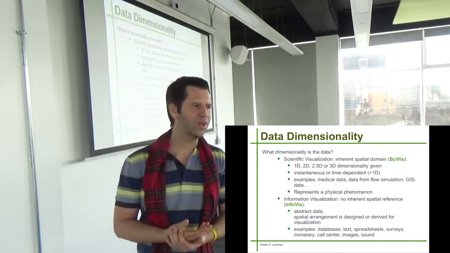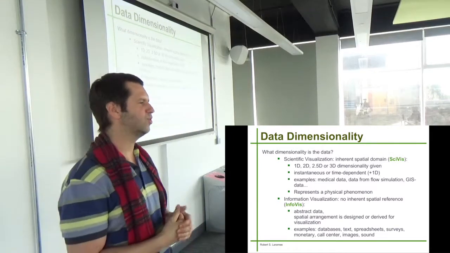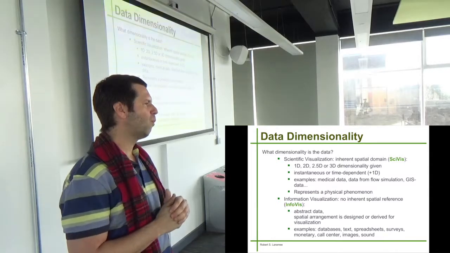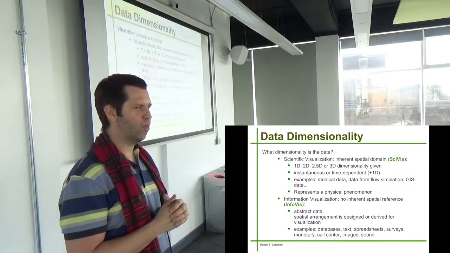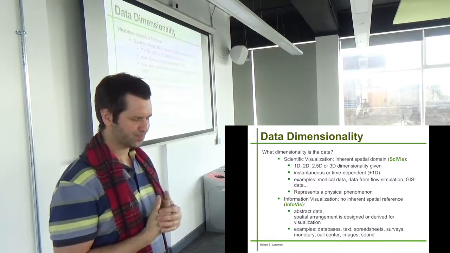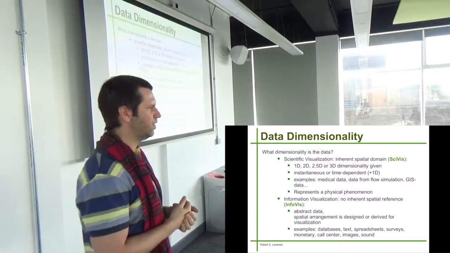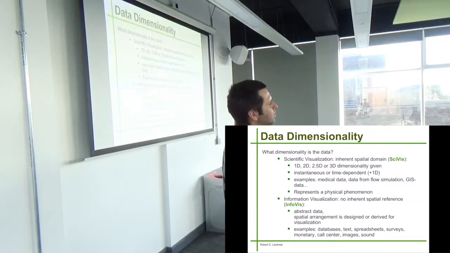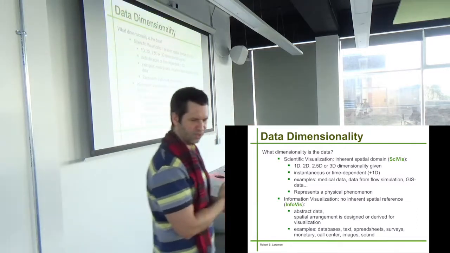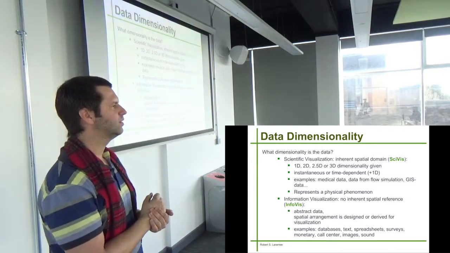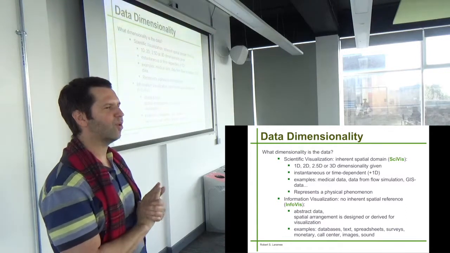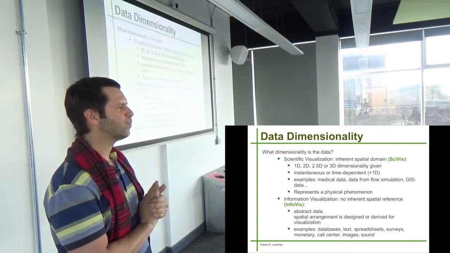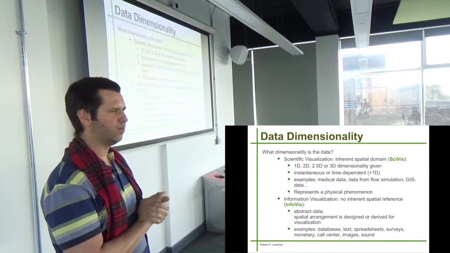Does anybody know what 0D corresponds to in terms of space? A point, exactly. 1D, anybody besides Carlo? A line. Well done. 2D, what does 2D correspond to? A plane, that's right.